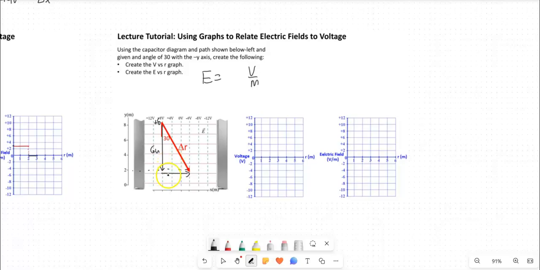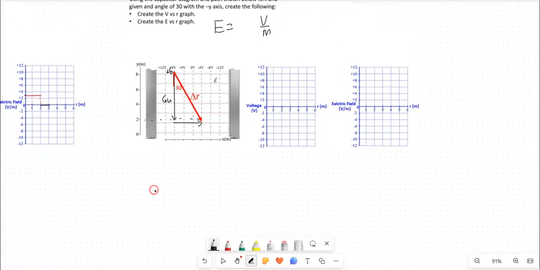And if I write this out right here, you can see the voltage is changing from positive 8 volts at 8 meters, and it's ending at negative 4 volts at 2 meters, right? So we're going to have to do some mathematics here, okay? Well, we have this distance right here, which is 6 meters, and this is 30 degrees, so this is our angle, 30 degrees. We need to figure out this one.